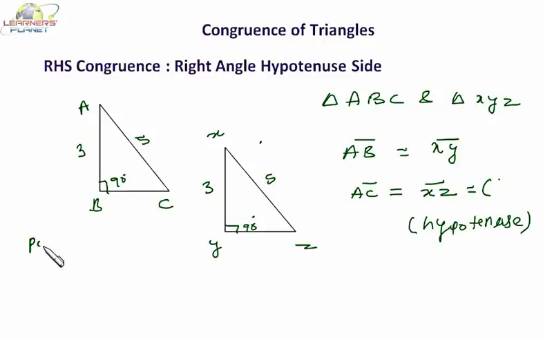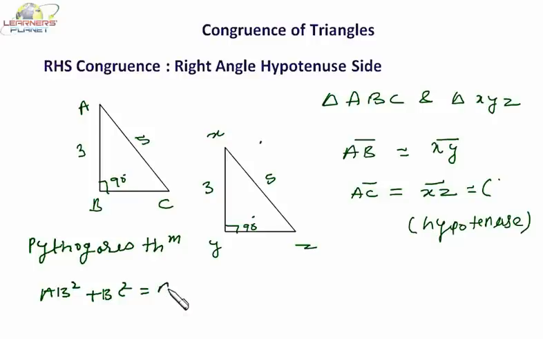Pythagoras theorem is AB square plus BC square is AC square. In this case it is XY square plus YZ square is equal to XZ square.